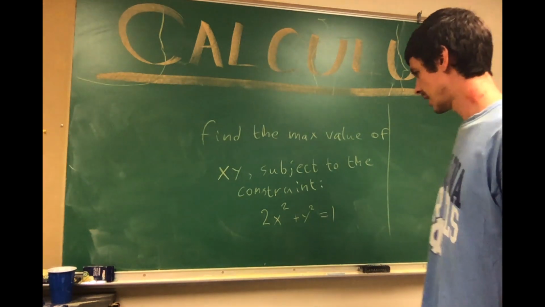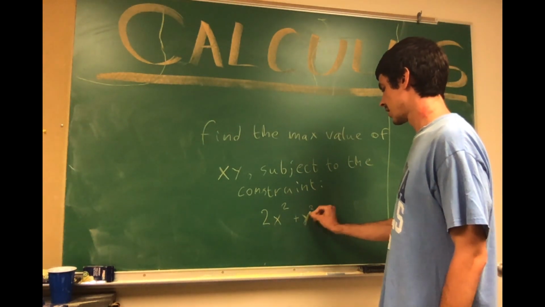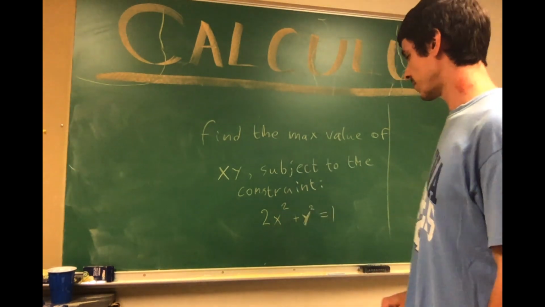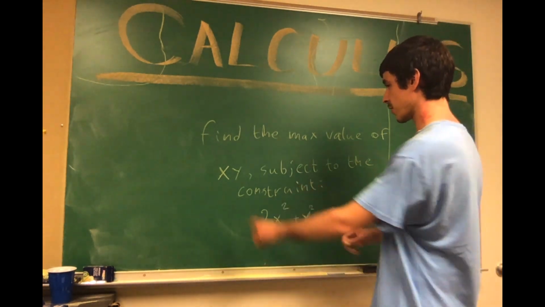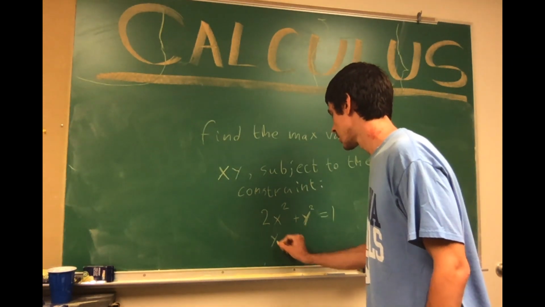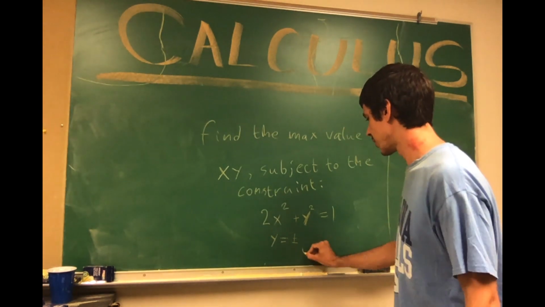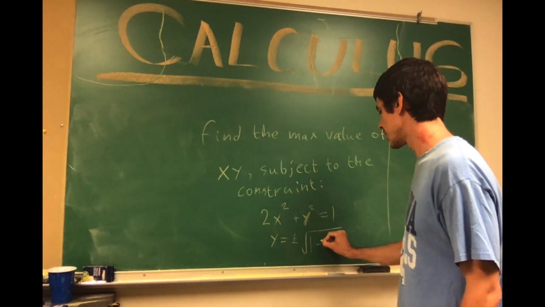So this constraint gives us means for solving for y. So y is going to equal plus or minus the square root of 1 minus 2x squared.